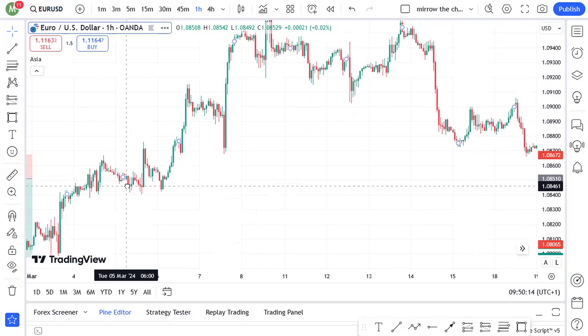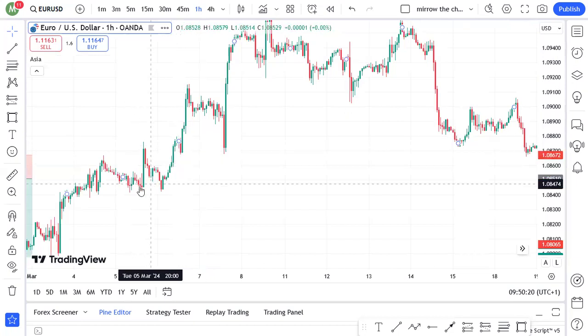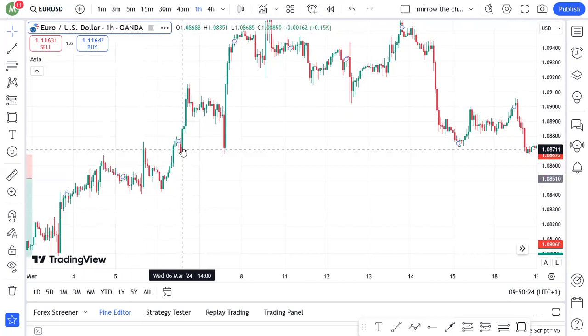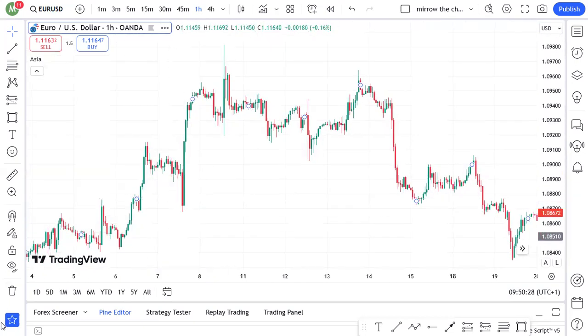Nothing happened here. So we move. This is Tuesday. Nothing happened. You see? If we don't have an entry, we move. We don't force entry. You don't have to force an entry. If nothing happened, we move.